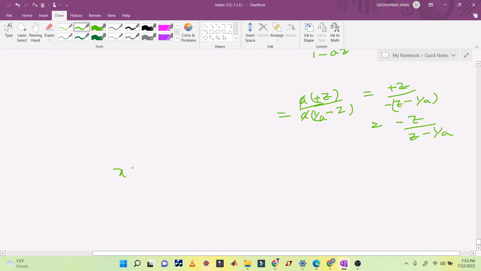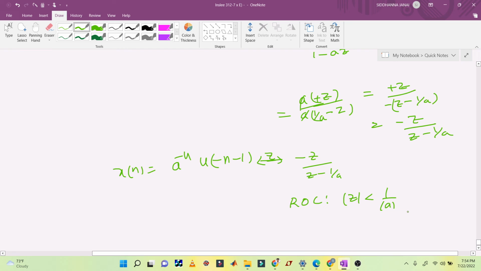Let me write here. X of n is equal to a to the power minus n u of minus n minus 1. For this sequence, the Z transform is minus z divided by z minus 1 by a, and ROC is magnitude of z is less than 1 by a. So this completes the problem.